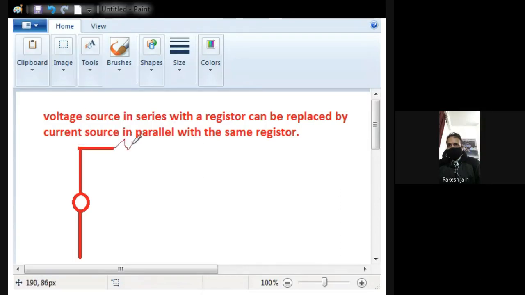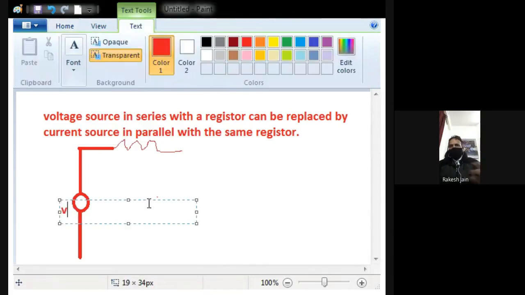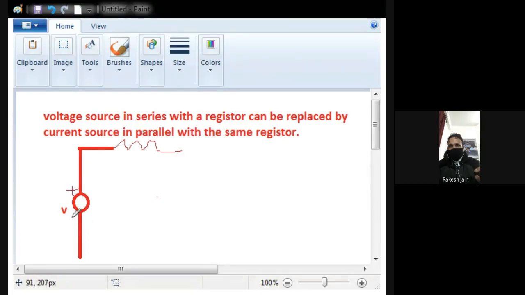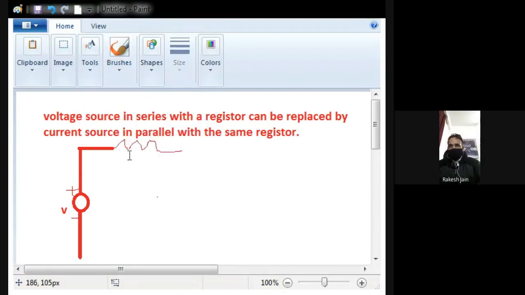Let's suppose this is my resistor. Let the polarity be upper side positive and lower side negative, and the value of this resistor is, let's suppose, R.